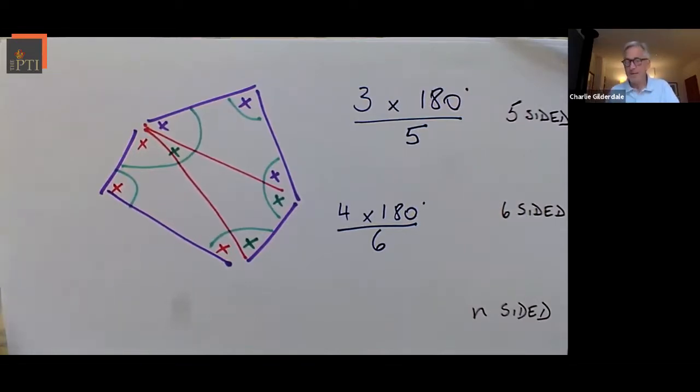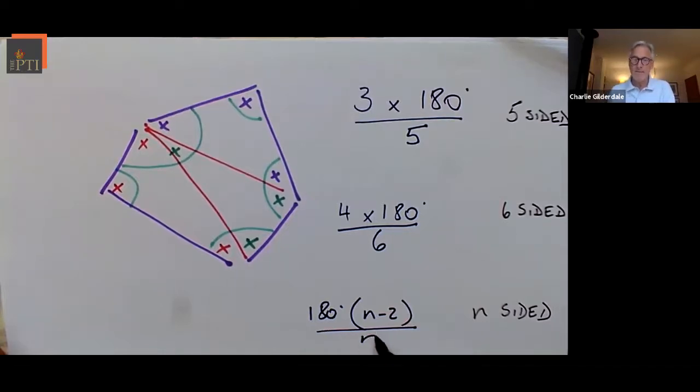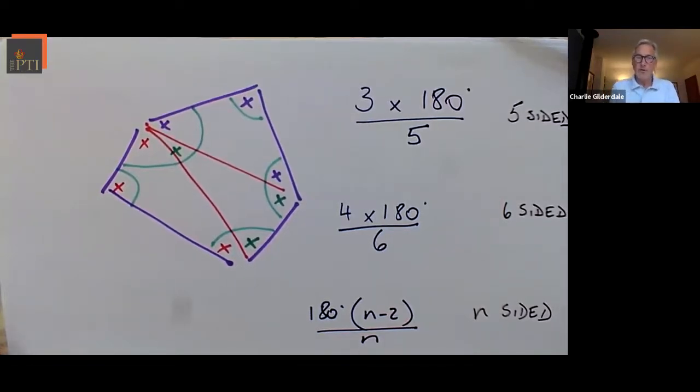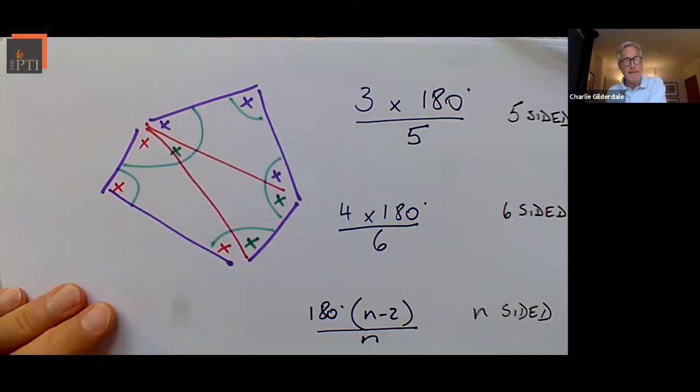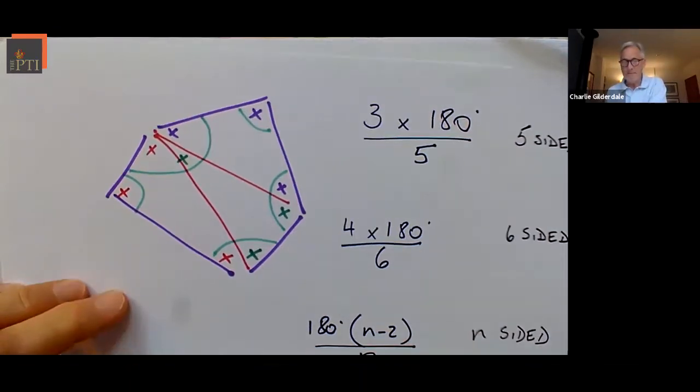So when I split the polygon up, I'm going to have n-2 triangles, and each one gives me 180 degrees, and I would end up dividing by n if I wanted to work out what each angle would be in a regular n-sided polygon. So that's one way in which I can derive the formula. So let's try and remember it's 180(n-2) divided by n, but I have a different way of deriving the formula.